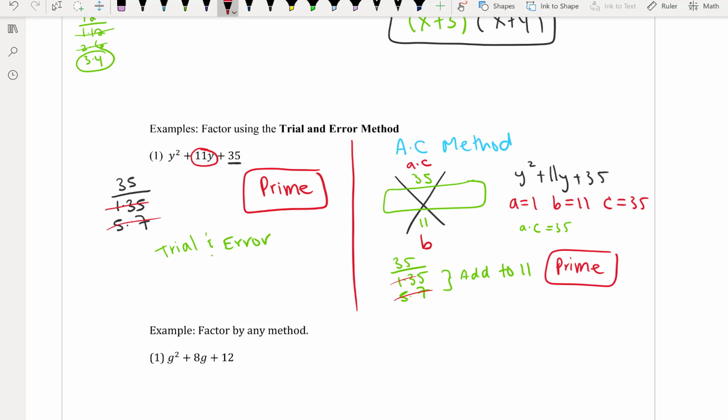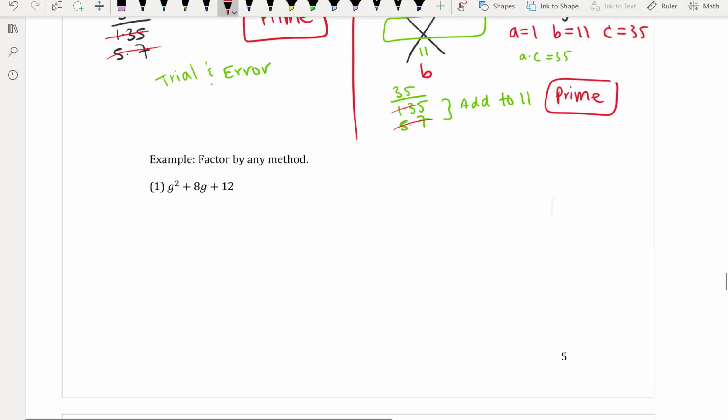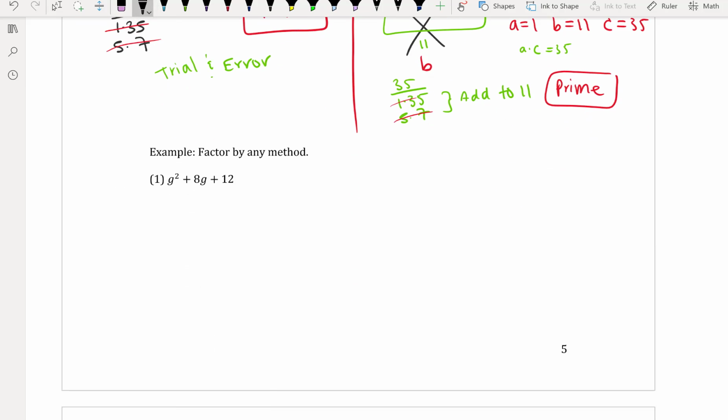Okay, so let's try that again in our next example. Over here, let's try the trial and error. If I'm trying the trial and error, then I'm going to look at that last term, 12. Well, I know that's 1 times 12, 2 times 6, and 3 times 4.